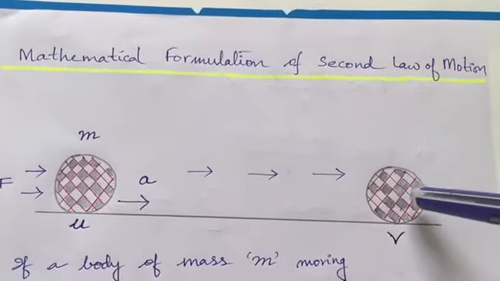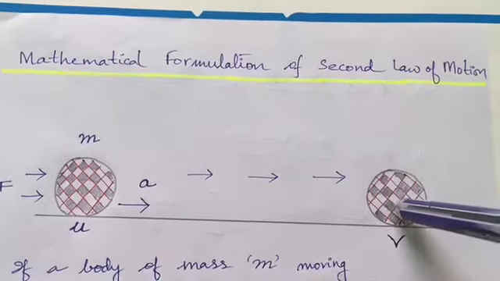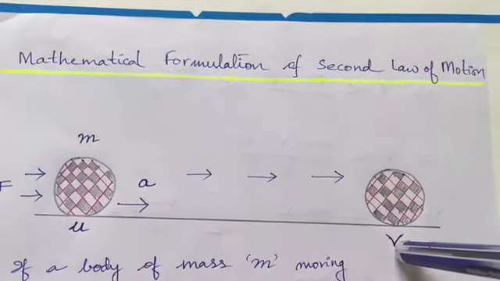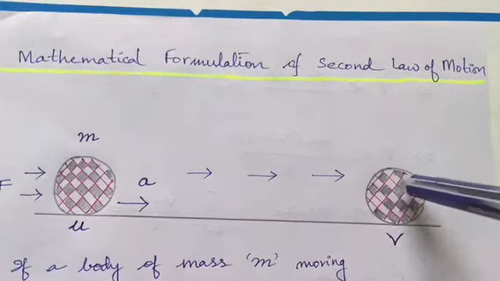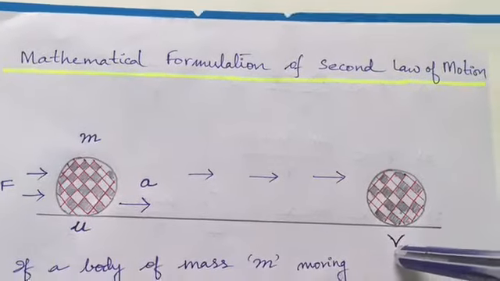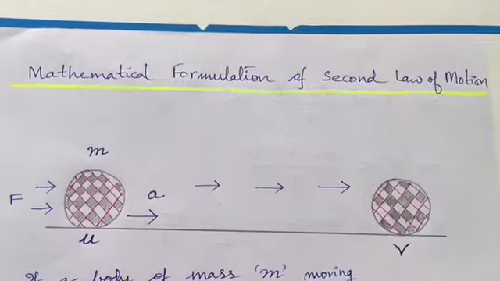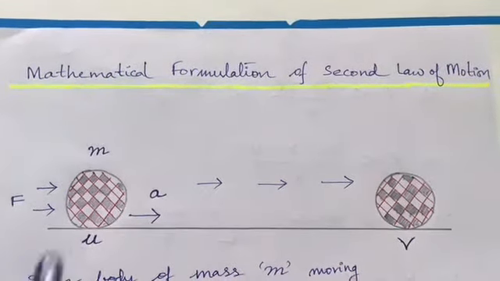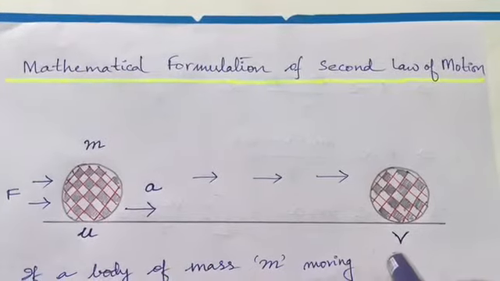Suppose at this position the velocity of this ball is v, the final velocity. So we have already discussed that the initial velocity is taken as u and the final velocity is taken as v.